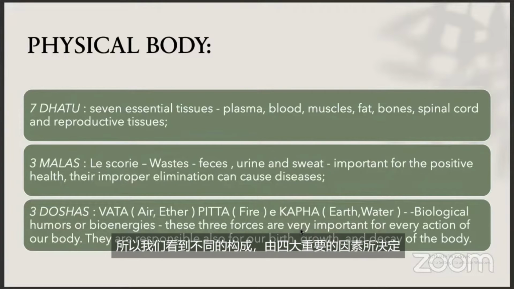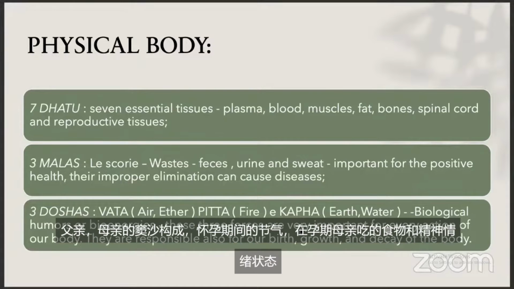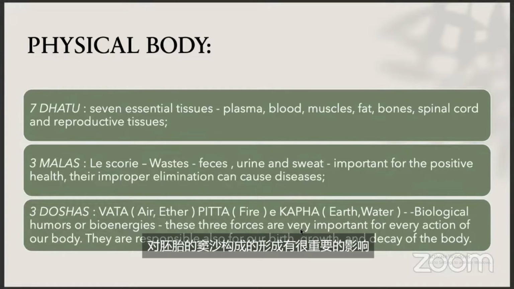We can see many types of constitution, and they depend on four important factors: the constitution of the father, that of the mother, the season during the pregnancy, and the food and the mental and emotional state of the mother during pregnancy, which has a major effect on the constitution of the fetus.